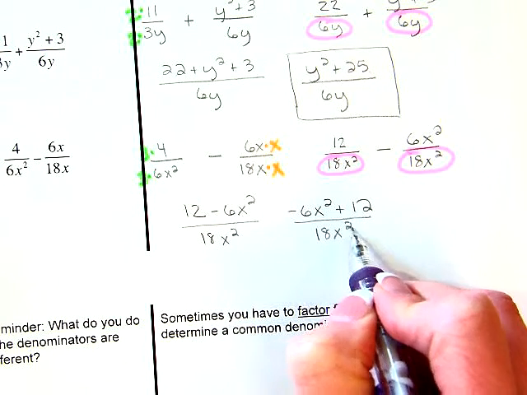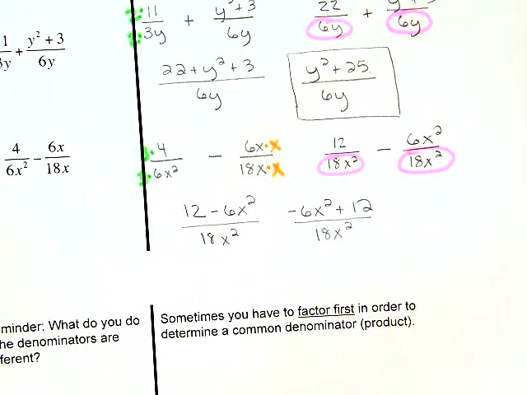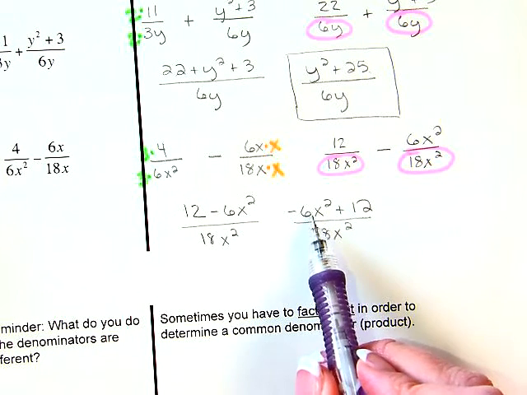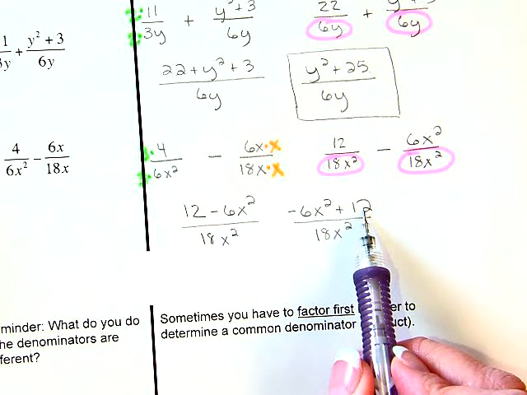So what I want you to look at right now is that the numerator is factorable. Between the two terms, there's a common factor of 6. Okay? So what I want to do is factor out that 6.